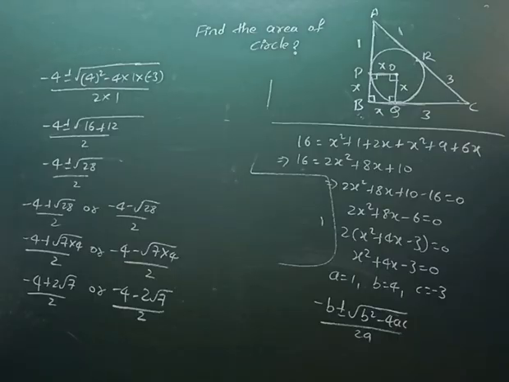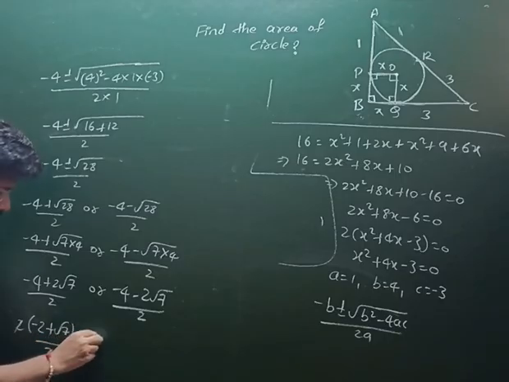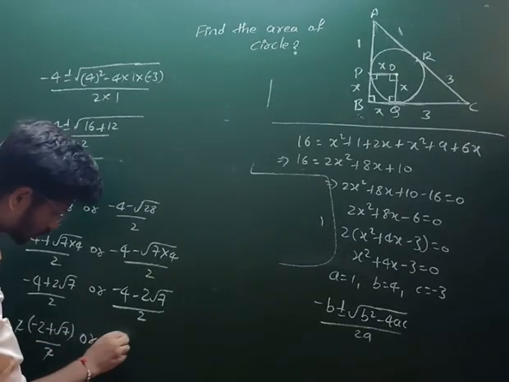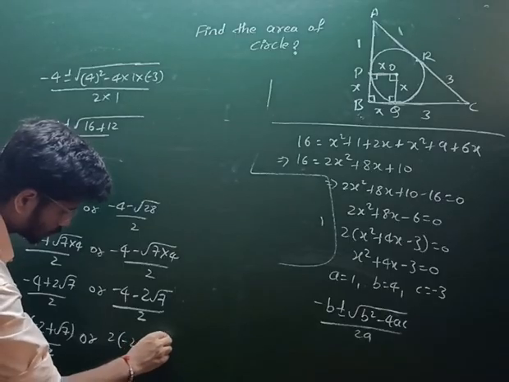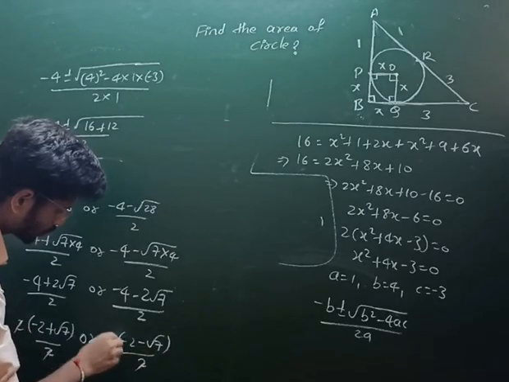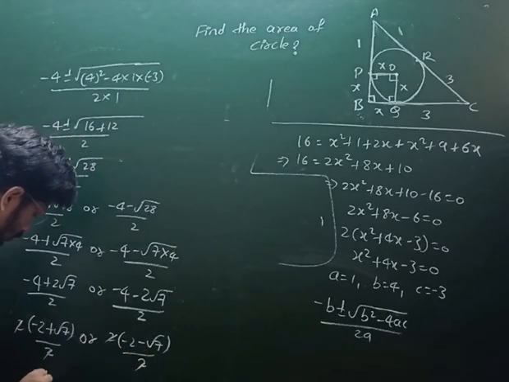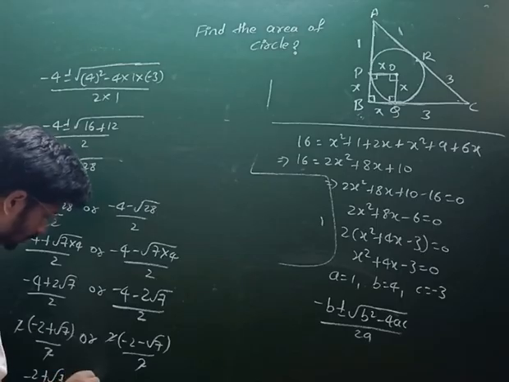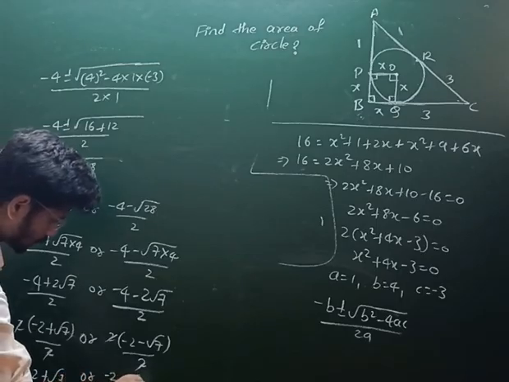What can we take common here? If we take 2 common, then 2 will get cancelled. So −2 + √7, or −2 − √7.